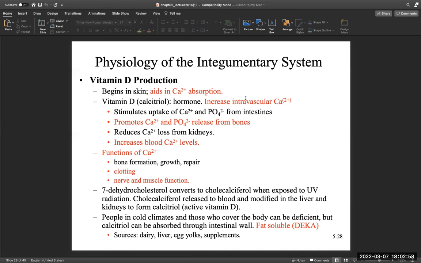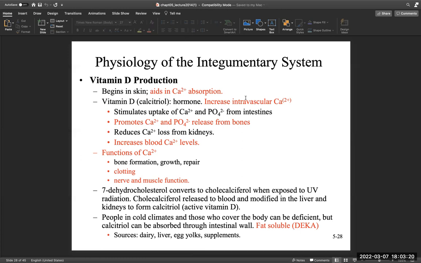Now, the bad thing is if you take vitamin D and don't take enough calcium, that's not great for our body. So whenever you take vitamin D, you need to either eat enough cheese, drink enough milk, or take the calcium mineral along with the vitamin.